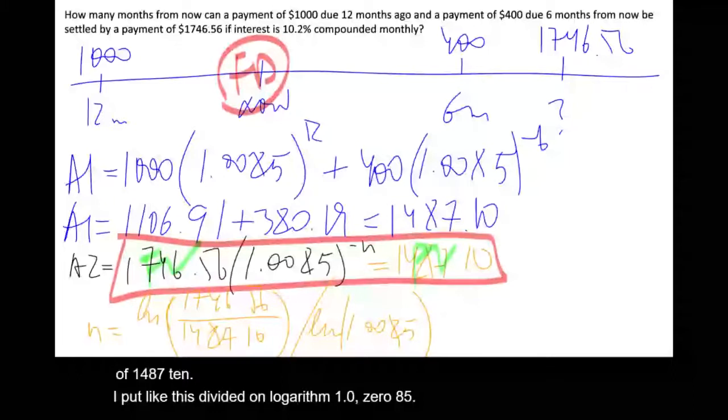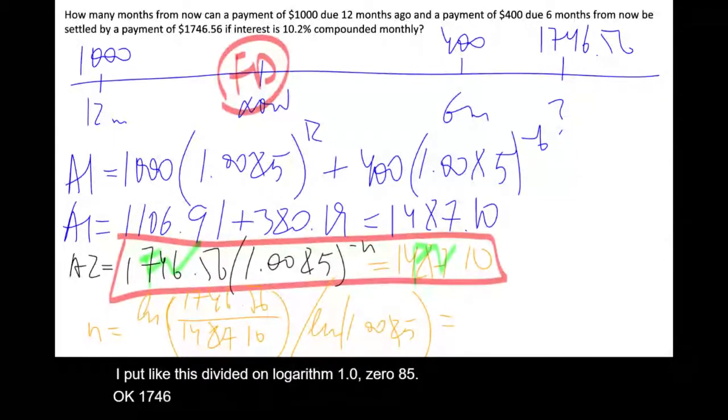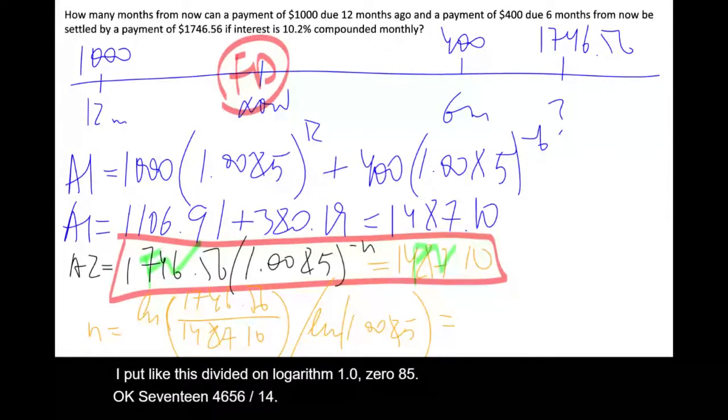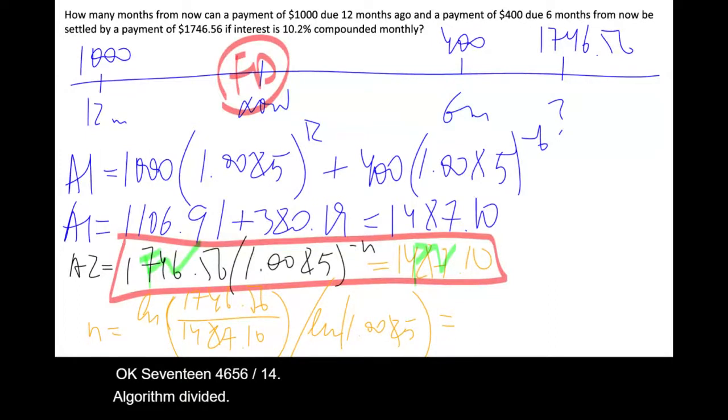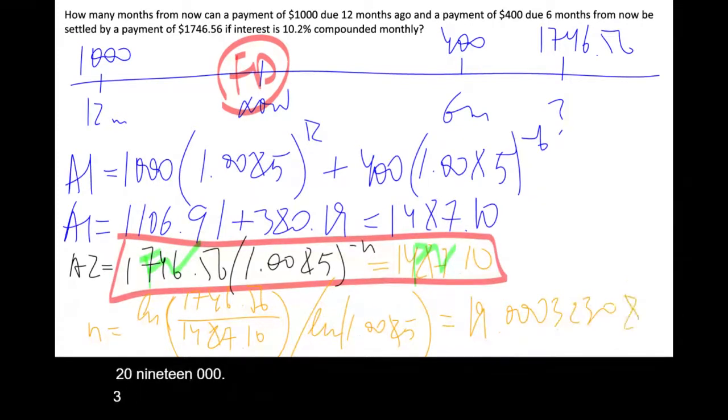Okay, 1746.56 divided by 1487.10, logarithm divided by logarithm. So it will be 19.32308. So I drop that, and I know it is months, right?